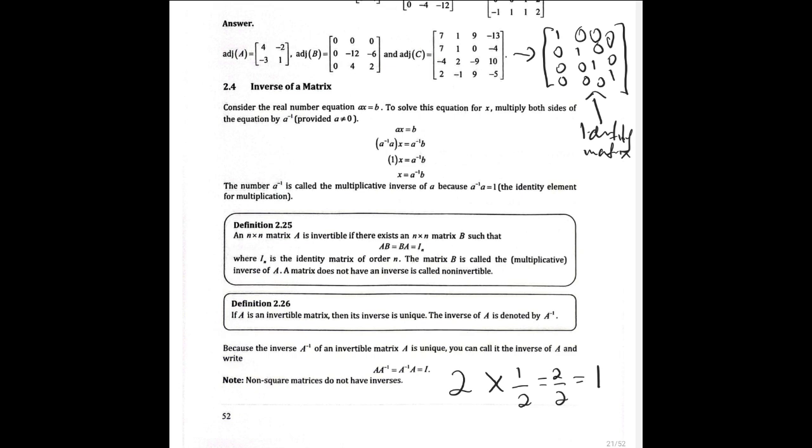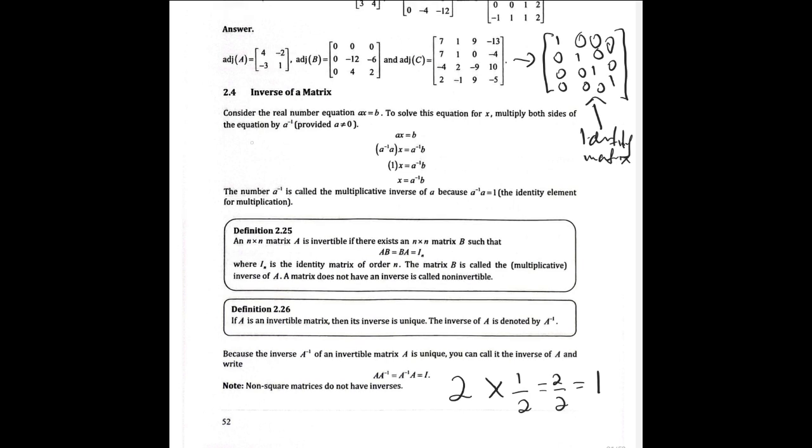So, what is the key to determine whether a matrix can be inversed or not? The key actually lies in the determinant. Remember, in our previous video, we talked about the determinant, where the calculation will give you one value.